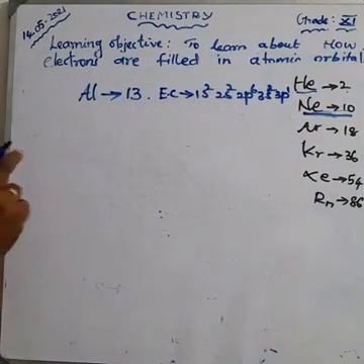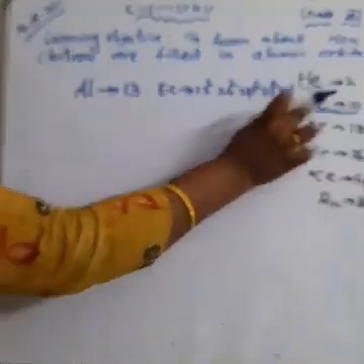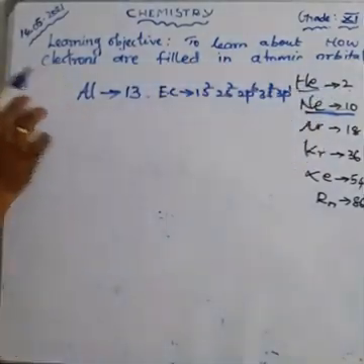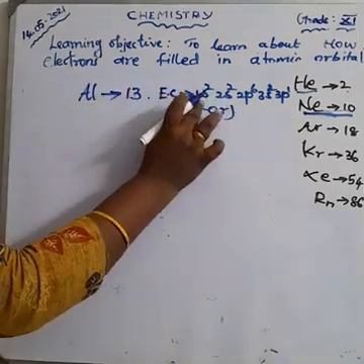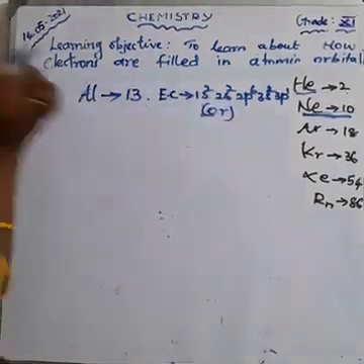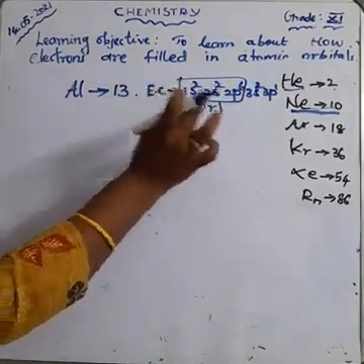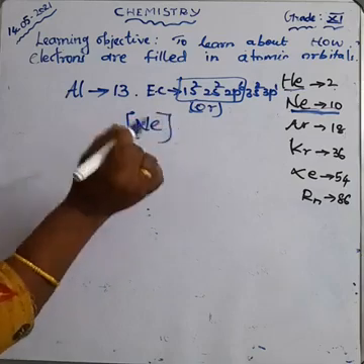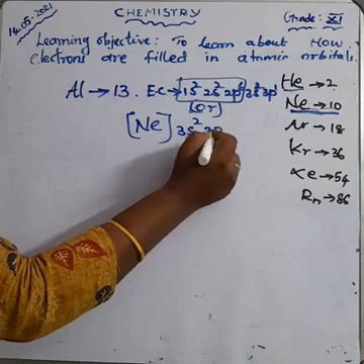How will you write the short form for the electronic configuration? The nearest noble gas for aluminium is neon. For the first 10 electrons we can write neon, and after that 3s2, 3p1.